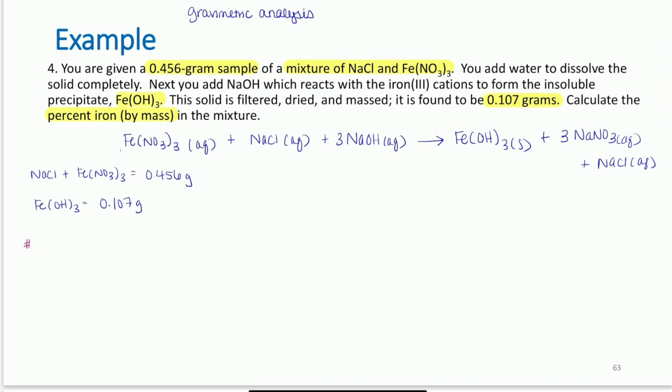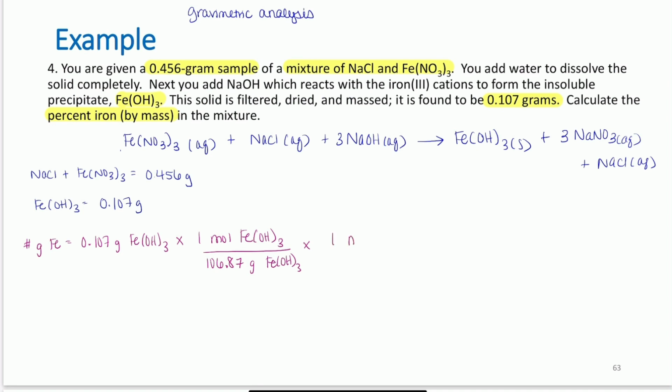So I need to find the number of grams of iron in my sample. I have 0.107 grams of iron 3 hydroxide. Convert that to moles of iron 3 hydroxide. Now that I've got moles of iron 3 hydroxide, I'm going to convert to moles of iron.